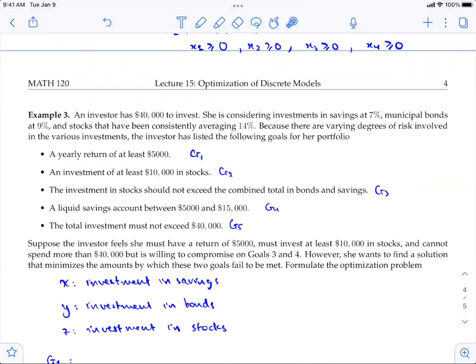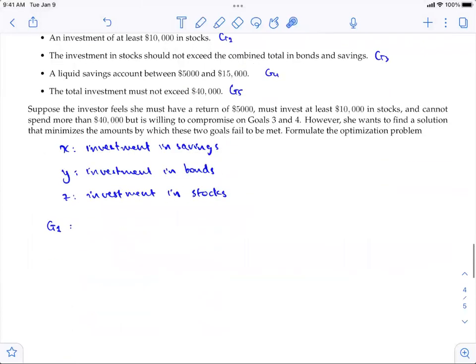So I don't know how much I'm gonna put into saving, bonds or stocks, but the return is 7% for the investment in saving, 9% for bonds, and the return for stock is going to be 14%. So from goal 1, I have 0.07x plus 0.09y plus 0.14z has to be greater than or equal to $5,000. So instead of the percentage, I write in decimal form.